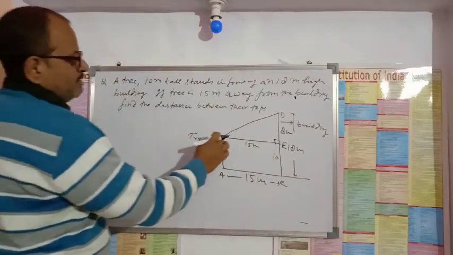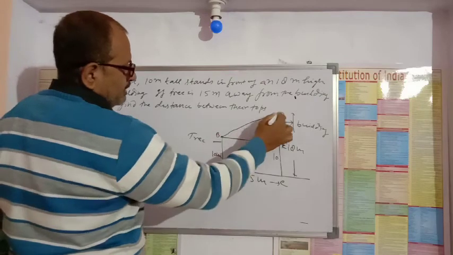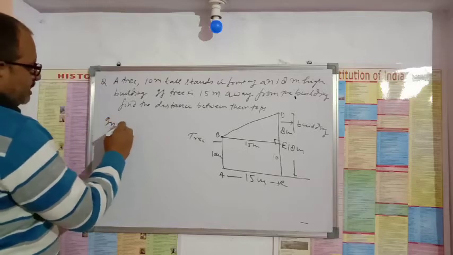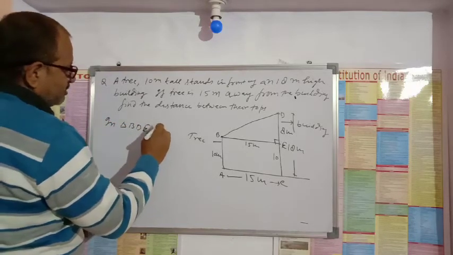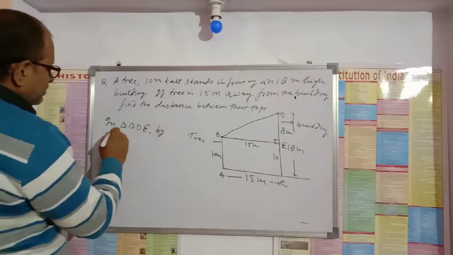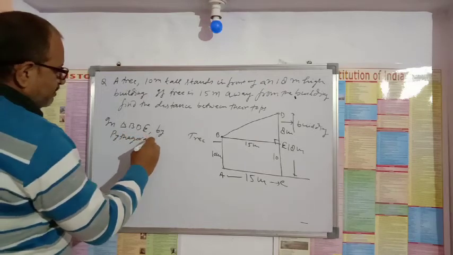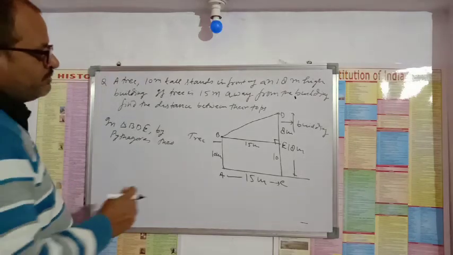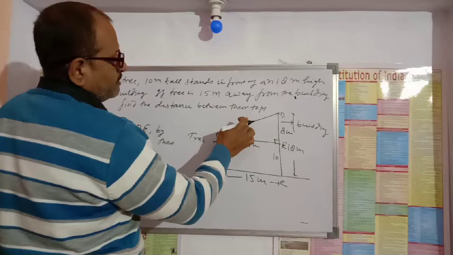Now we have to find BD. So we can apply Pythagoras theorem in triangle BDE. So in triangle BDE, by Pythagoras theorem. What is Pythagoras theorem? Square of the hypotenuse. Hypotenuse means the side opposite the 90 degree angle.